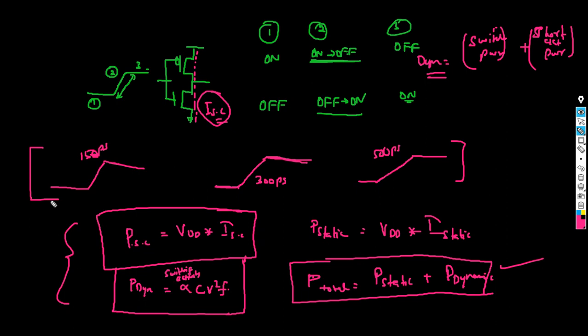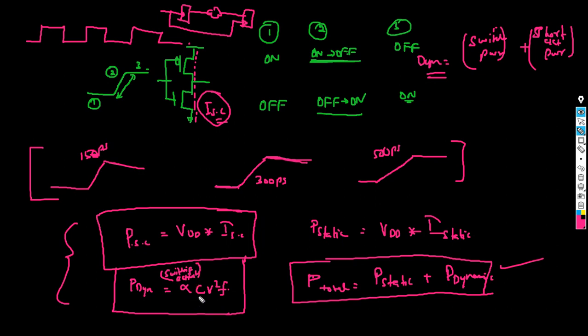So in a given cycle, how many times is it switching? Say for example, you have a circuit and three cycles that you're passing through some logic. How many times the logic is actually switching, that is nothing but your switching activity.